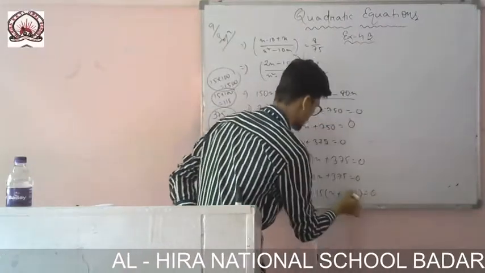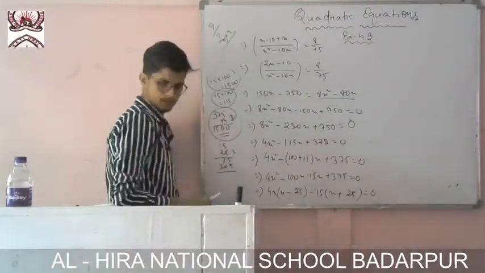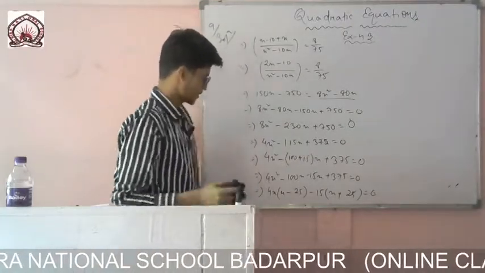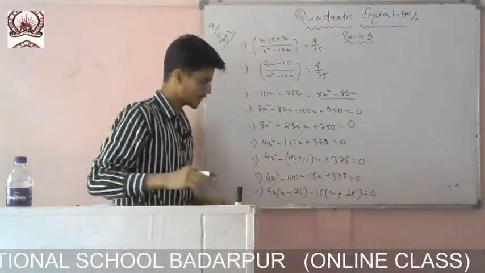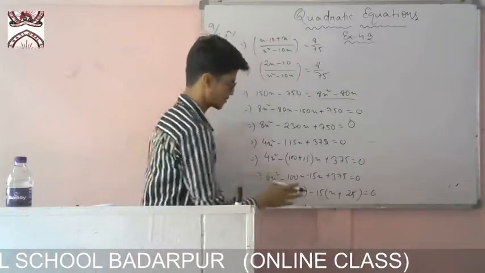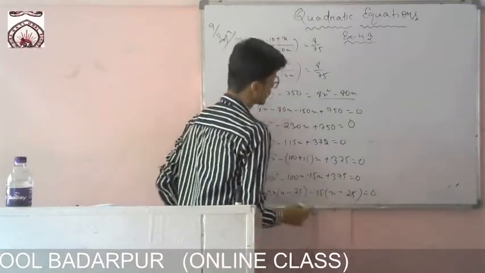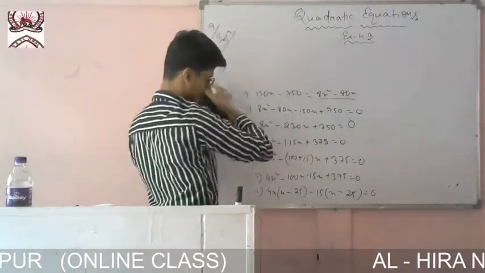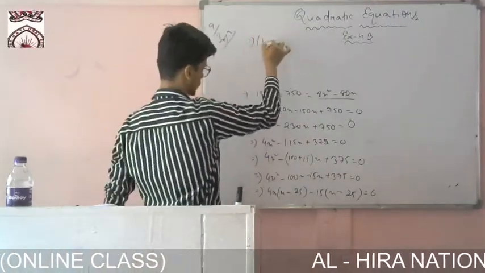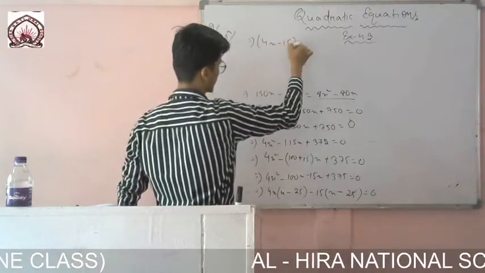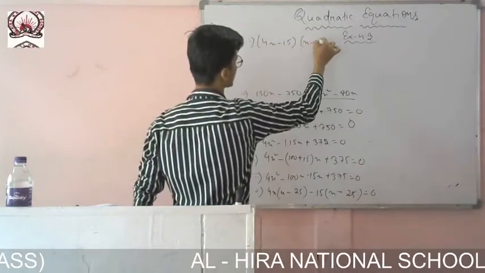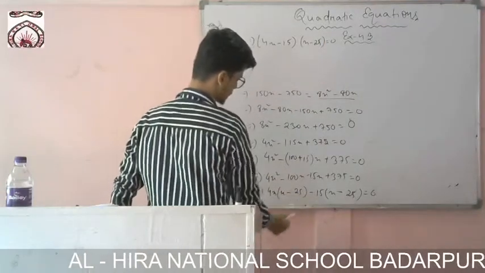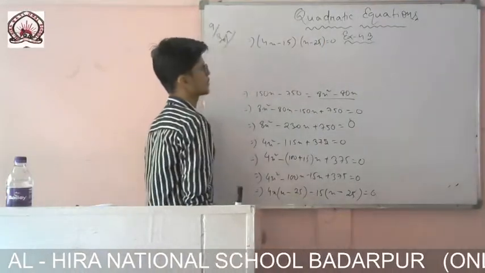I am just checking once. So what we have got? There we have got x minus 25, and there x plus, sorry, it will be minus. So now I can write it as 4x minus 15 and x minus 25 equals to 0.